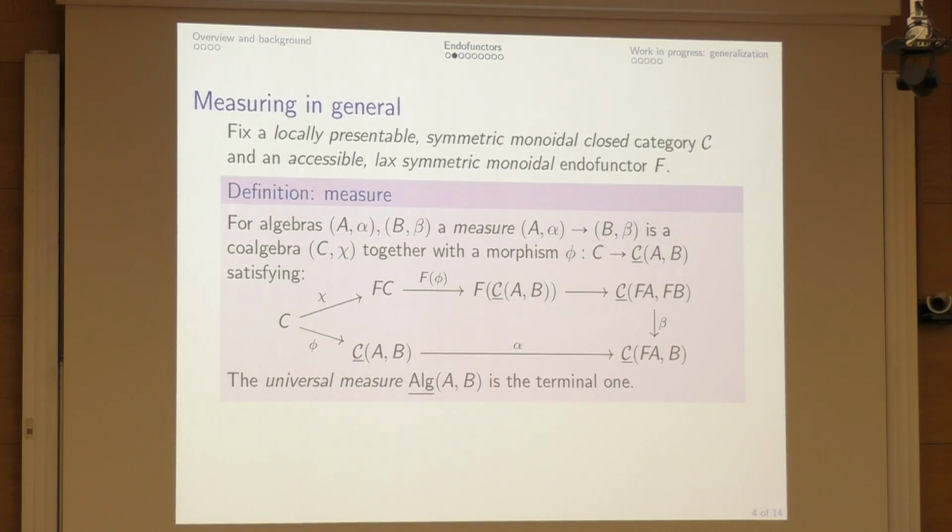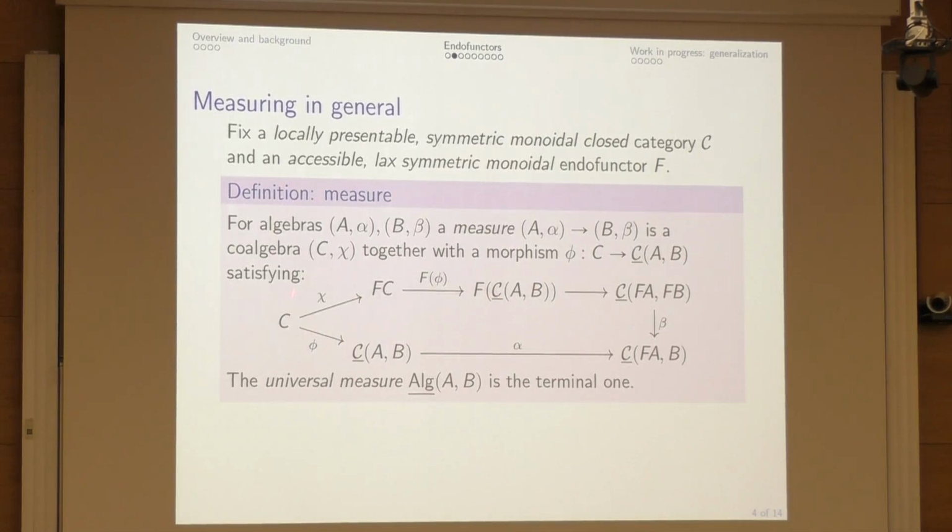And that enriched hom is going to be a coalgebra. So we define a measure between these algebras to be a coalgebra, together with a morphism. And here, we're assuming that C is closed. So here I'm thinking of the internal hom of C. So I'm thinking about a morphism of the underlying object of our coalgebra into this hom, satisfying this diagram.